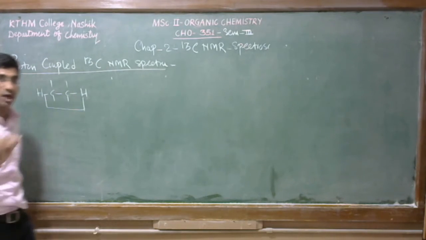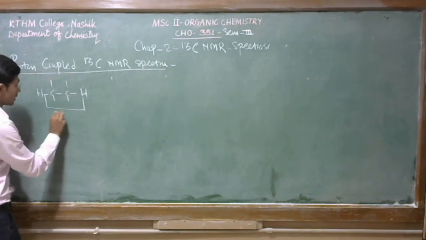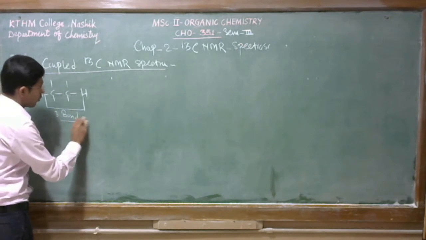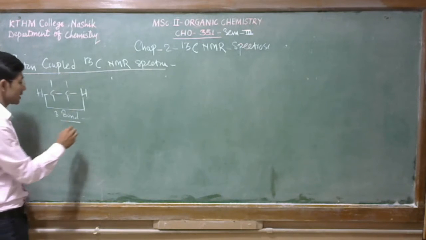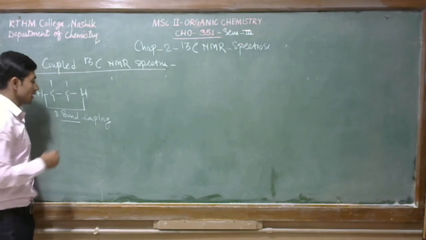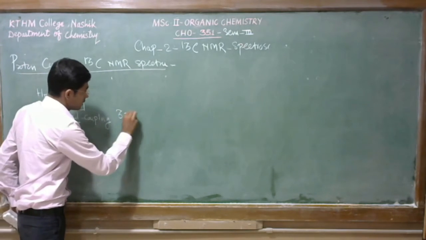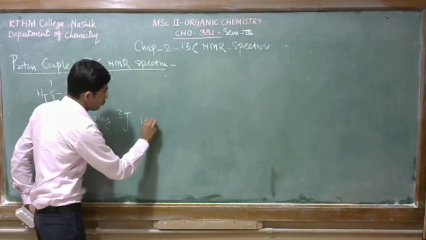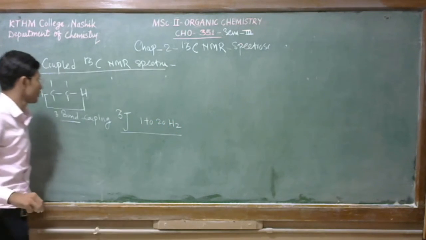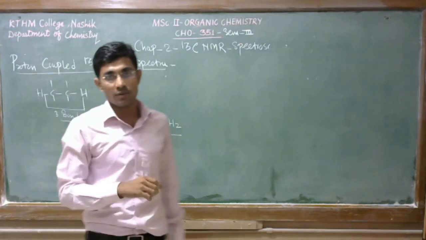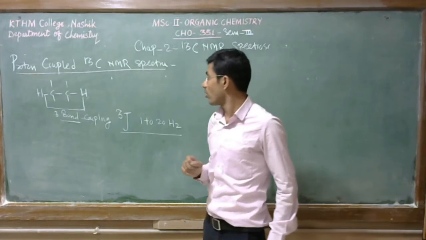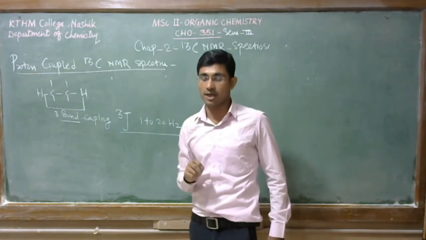This 3 bond coupling has a J value, 3J, in the range 1 to 20 Hz. We can also observe this in proton coupled 13C NMR spectra.